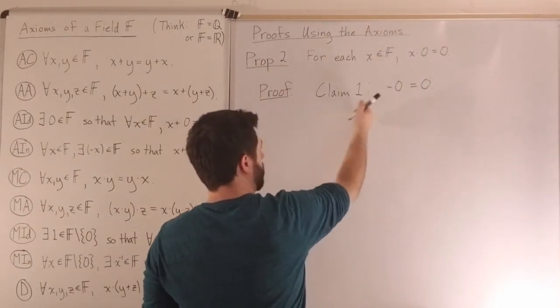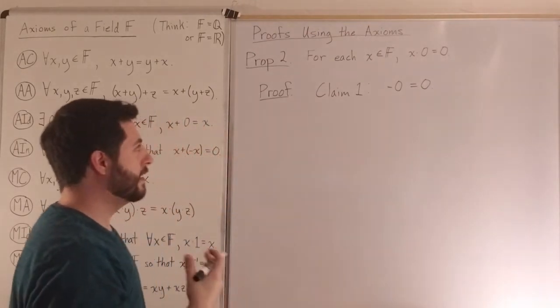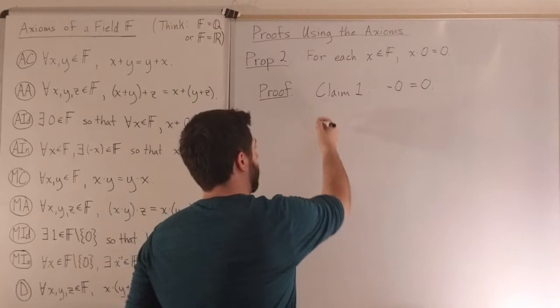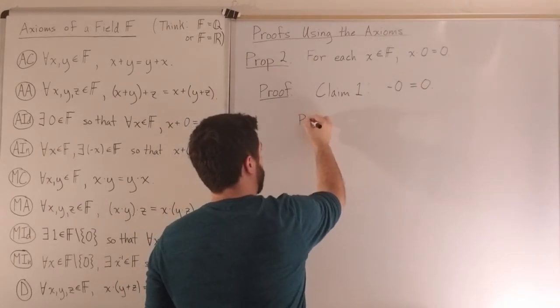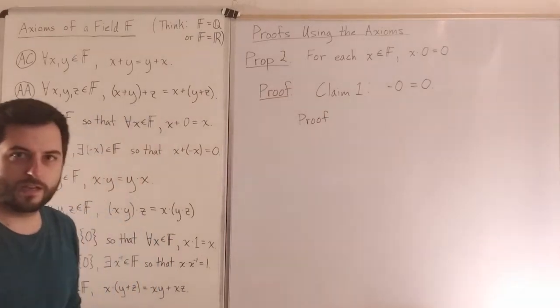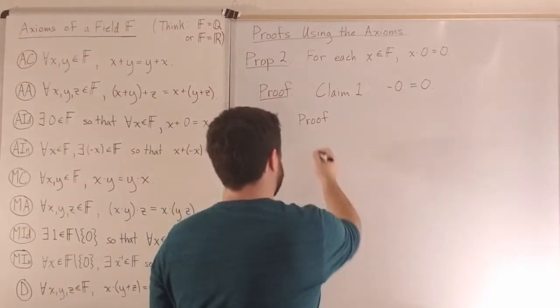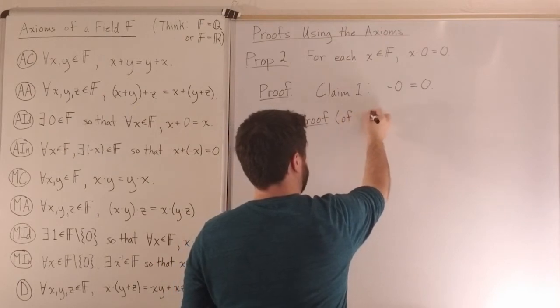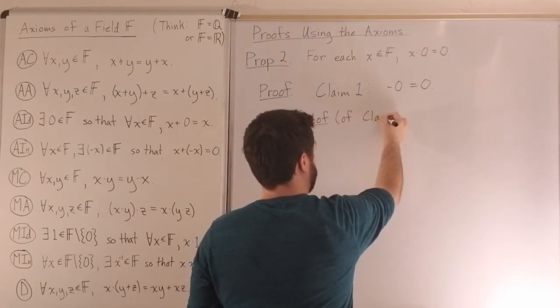Okay, so notice there's nothing to quantify here. 0 is already quantified right here. There exists a 0. So I'm now going to have a proof within a proof, and I'm going to specify what this thing is proving. We're proving claim 1.